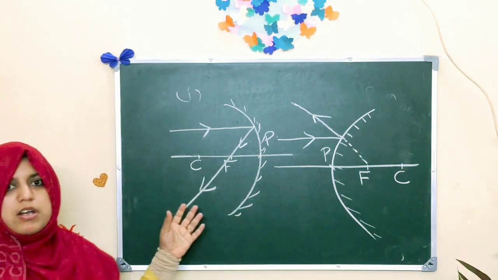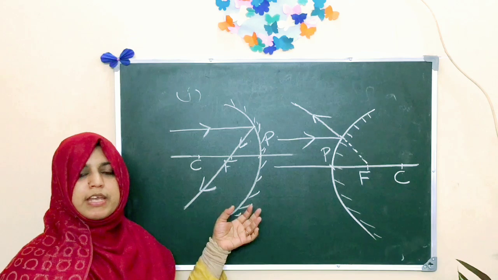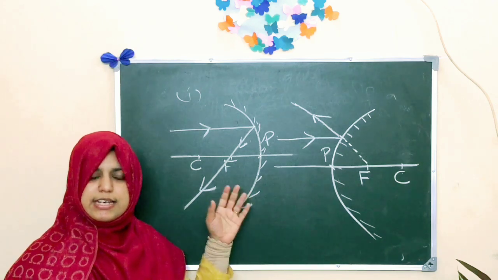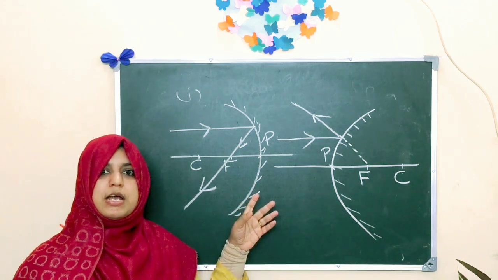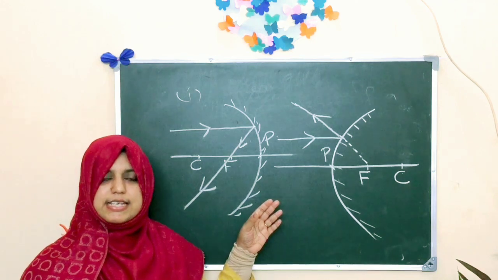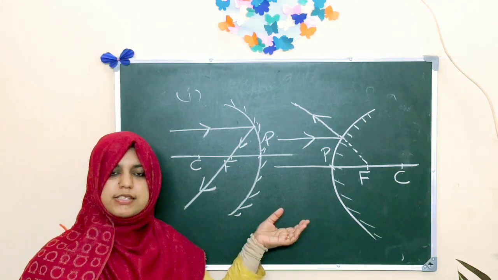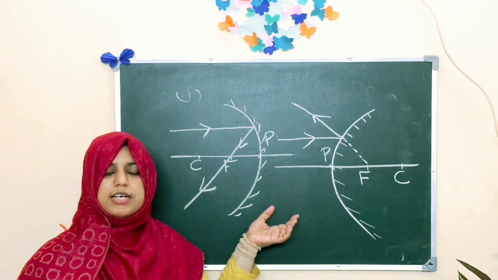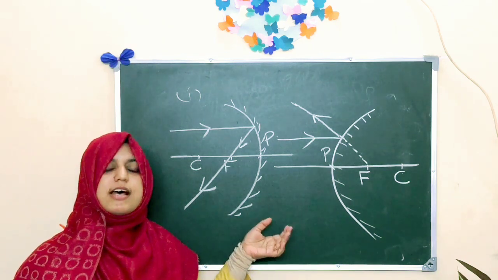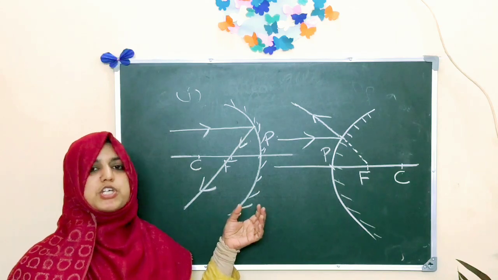What is the first rule? Any incident ray traveling parallel to the principal axis passes, or appears to pass, through the principal focus after reflection.